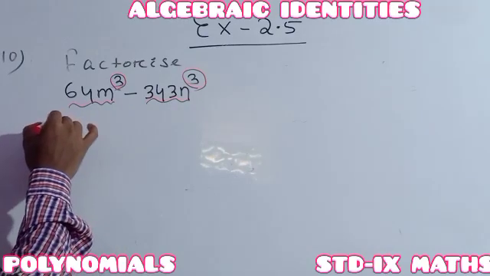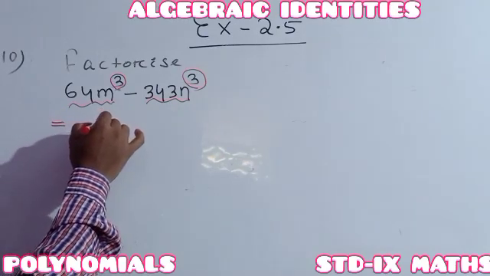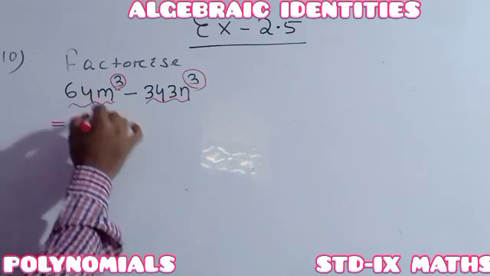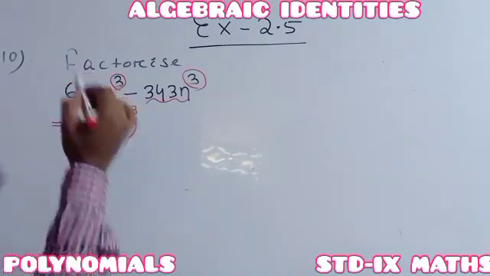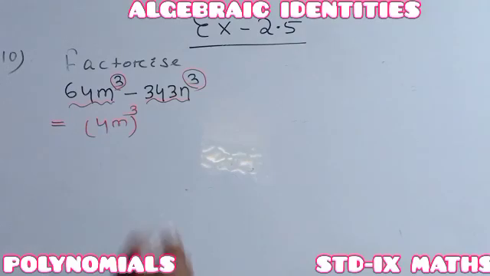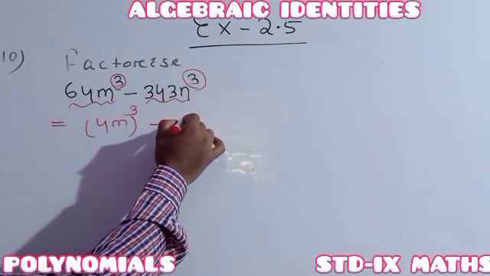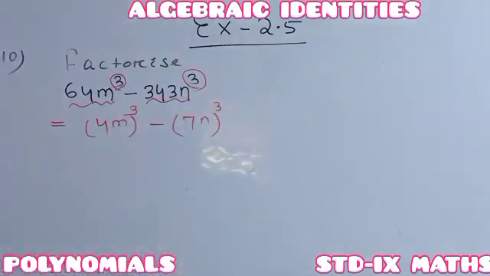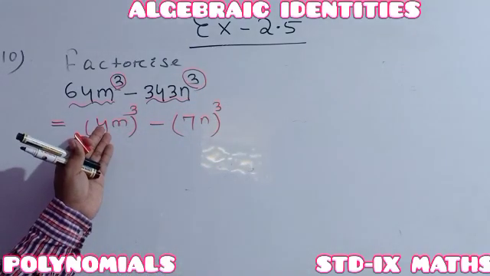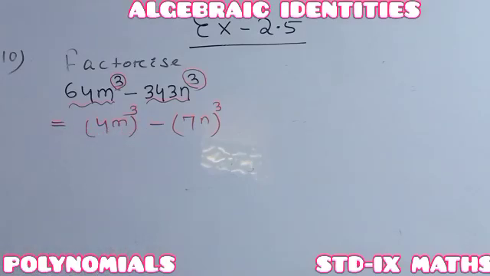See, 64 means 4, 4, 16, 4 is 64. It means 4m its cube will be 64m cube. And this one, 343 means 7n its cube. So it is arranged in the form of x cube minus y cube.